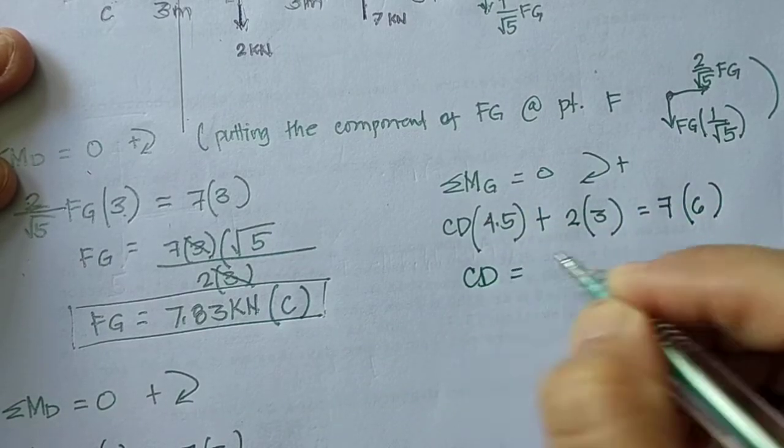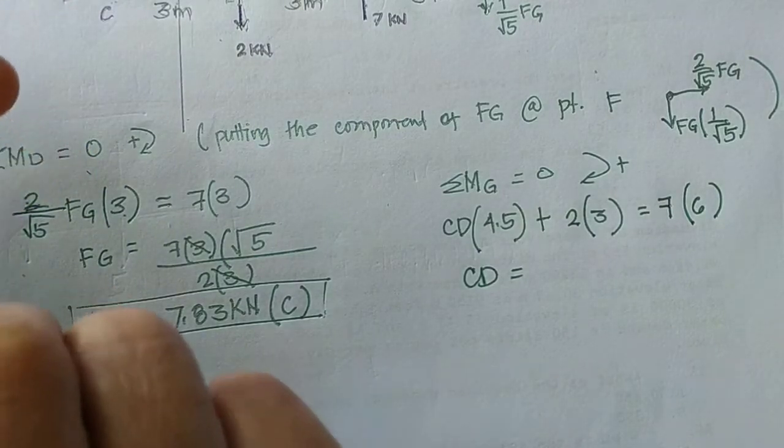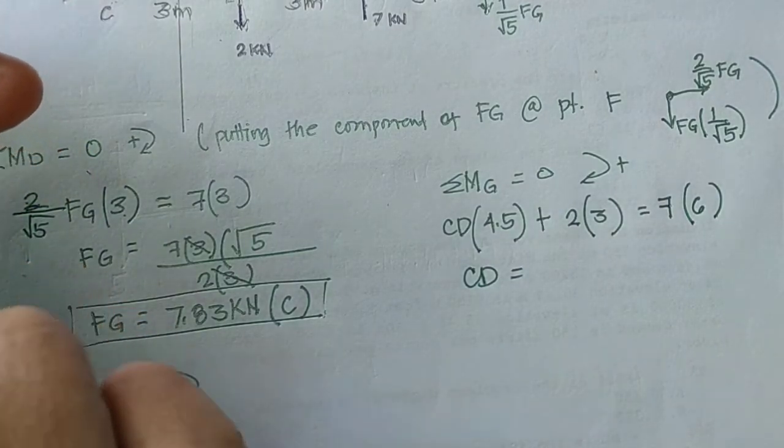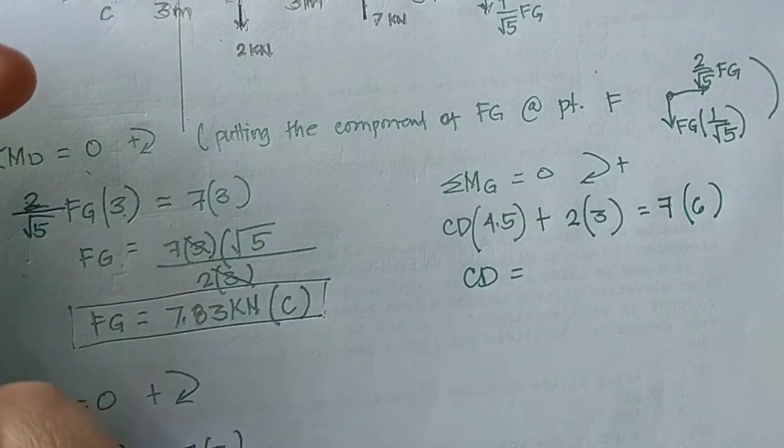CD equals 7 times 6 minus 2 times 3 over 4.5.